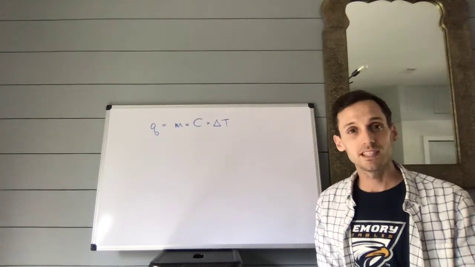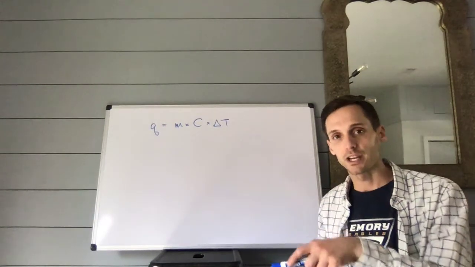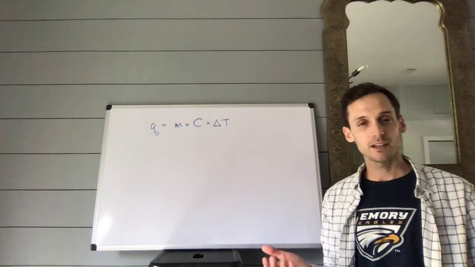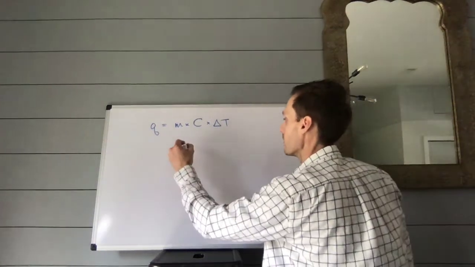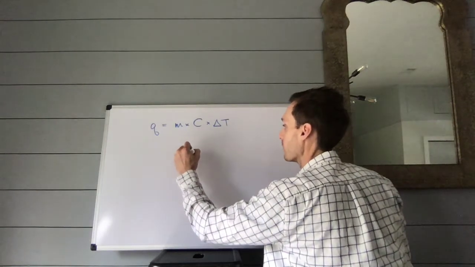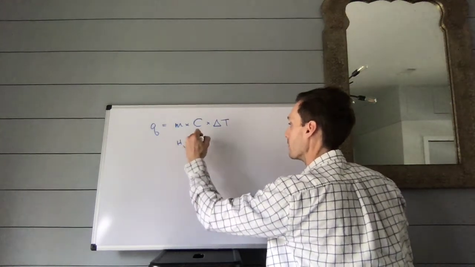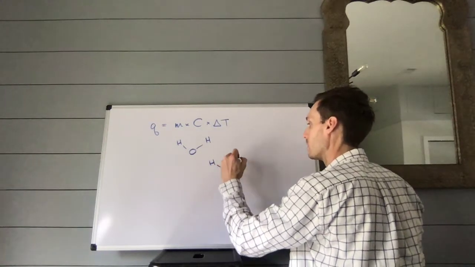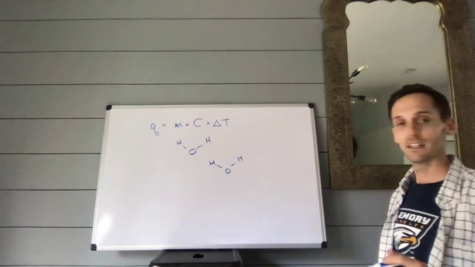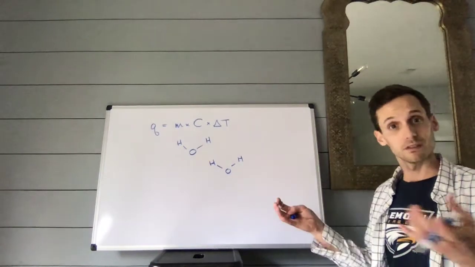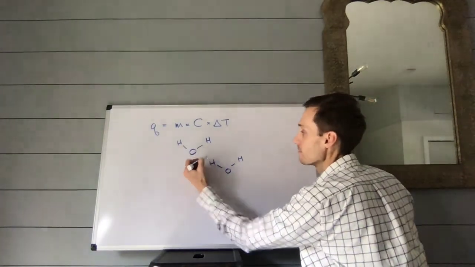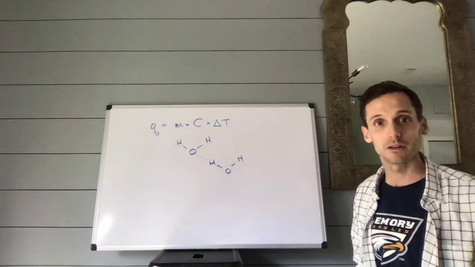But this is different fundamentally from a phase change, because what is actually going on in a phase change? Well, remember, let's say for water, you have these water molecules packed closely together. And if they're in a liquid, they're freely moving, but they're still closely packed. And then there is this interaction between different water molecules, right?